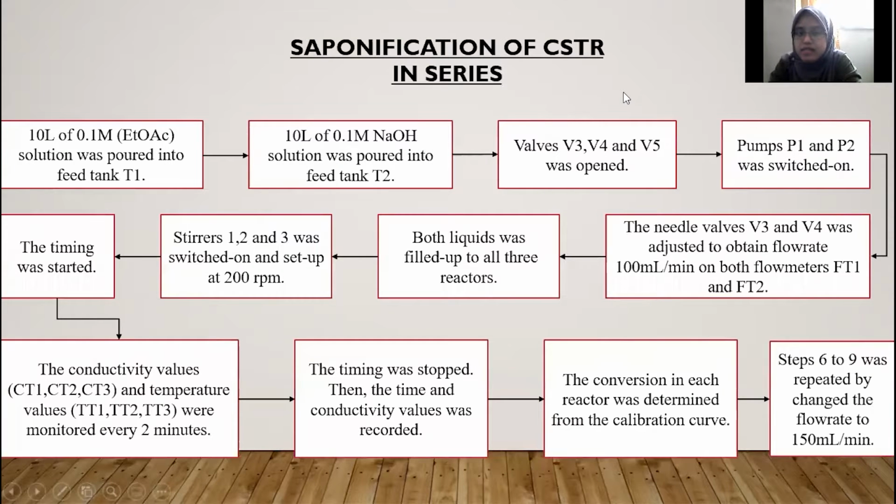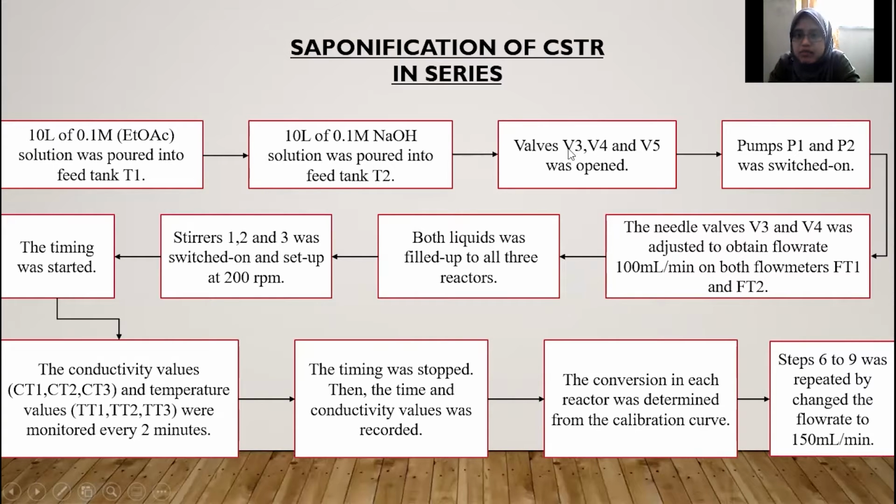Next is the saponification in CSTR in series. How do we conduct this saponification? First, we pour 10 liters of 0.1 concentration ethyl acetate into T1, and we also pour 10 liters of 0.1 concentration sodium hydroxide into tank T2.